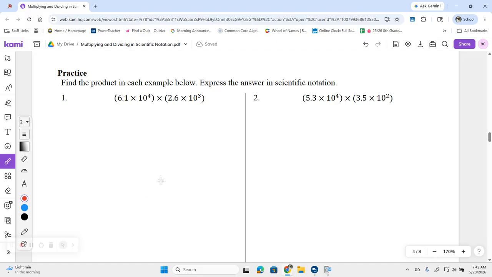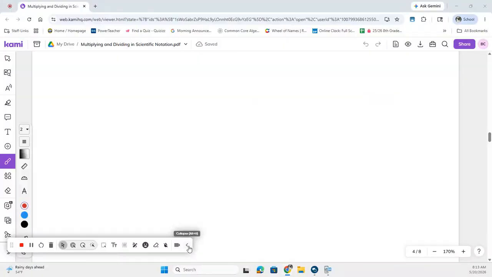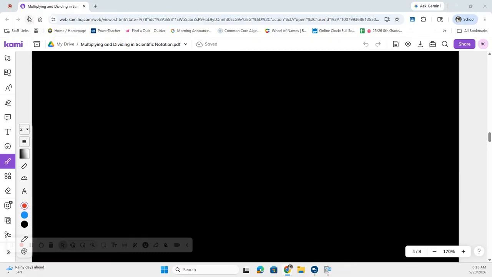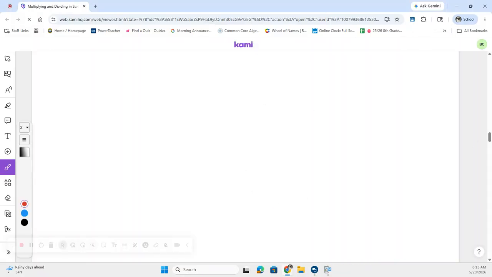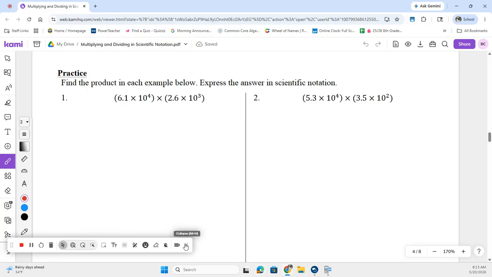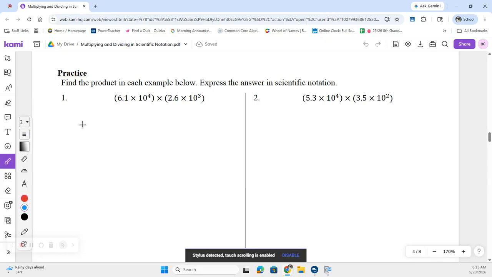All right, so this next page is some practice. I want you to try these and then come back and we'll discuss the answers. All right, 6.1 times 10 to the 4th multiplied by 2.6 times 10 to the 3rd.